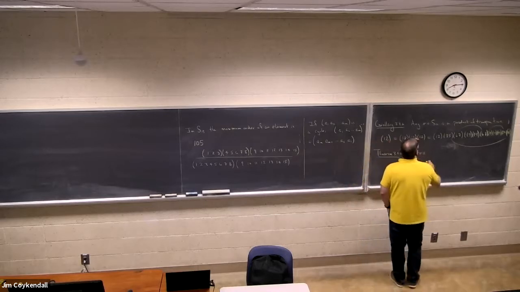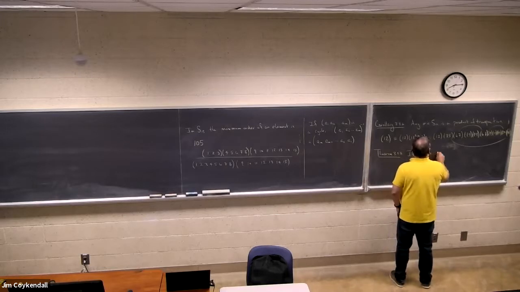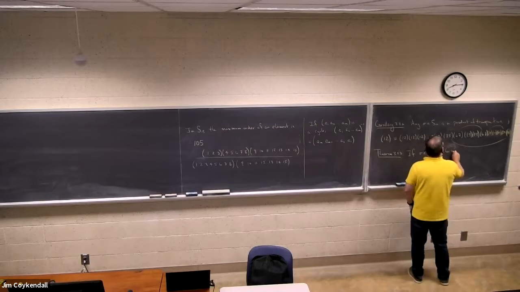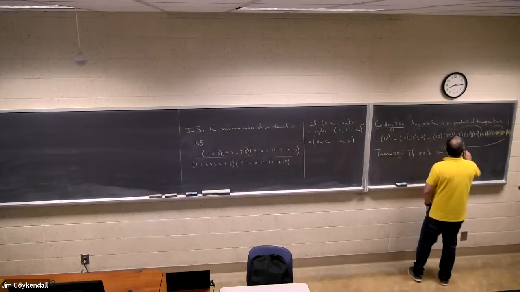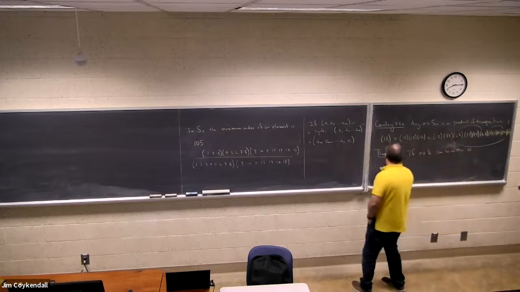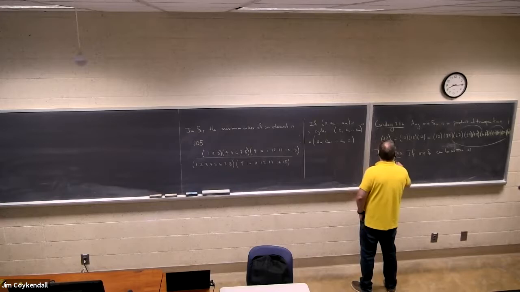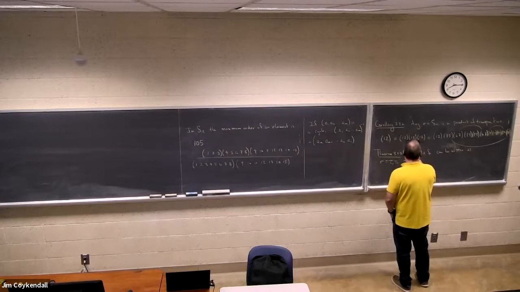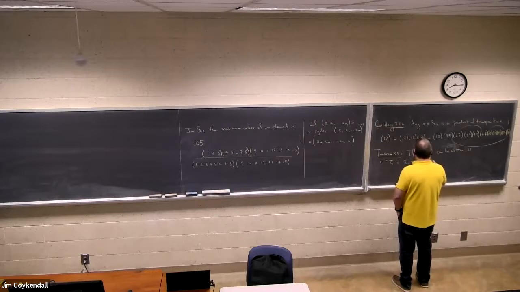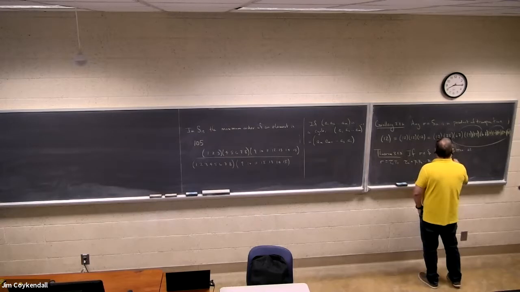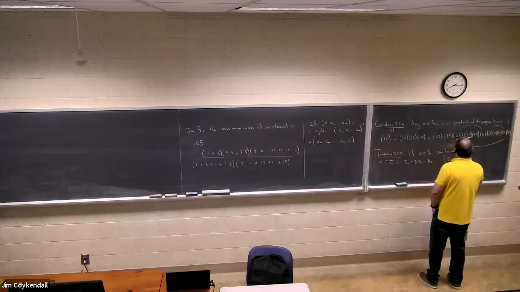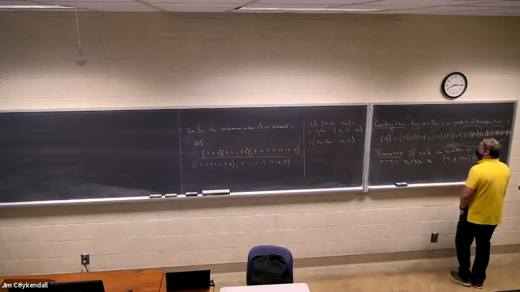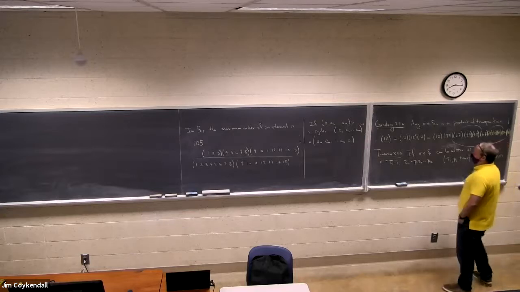Theorem: if sigma in S_n can be written as sigma equals tau_1 tau_2 through tau_m, which is also beta_1 beta_2 through beta_k, where the tau_i and beta_j are transpositions, then m is congruent to k mod 2.